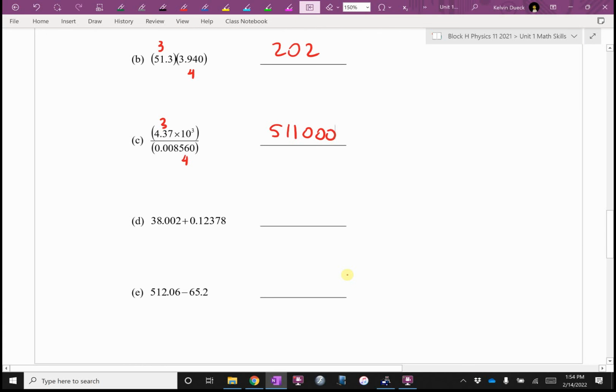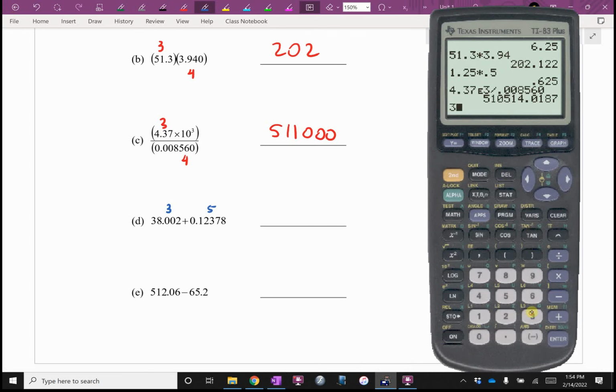Now, adding and subtracting, the rule, Riley, is completely different. It's not how many sig figs, it's how many decimal places. 3 decimal places, 5 decimal places. I'm going to round to 3 decimal places. 68.002 plus 0.12378.